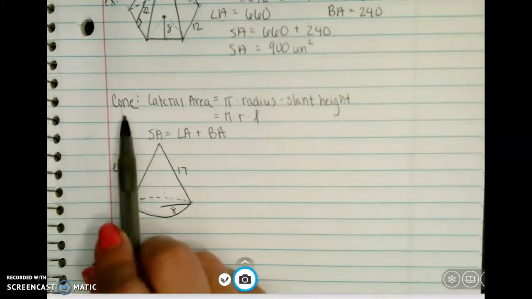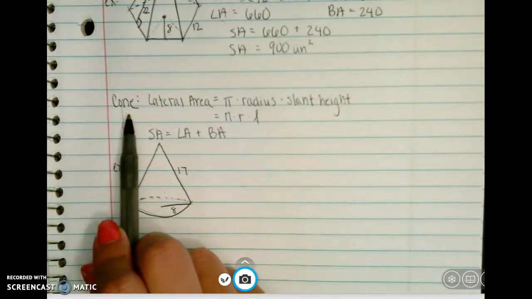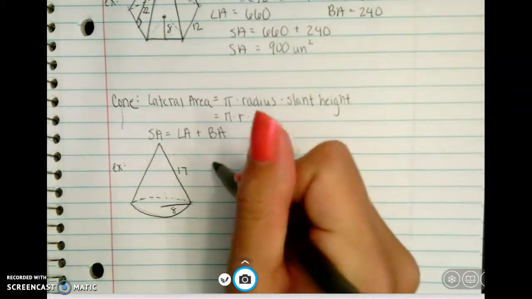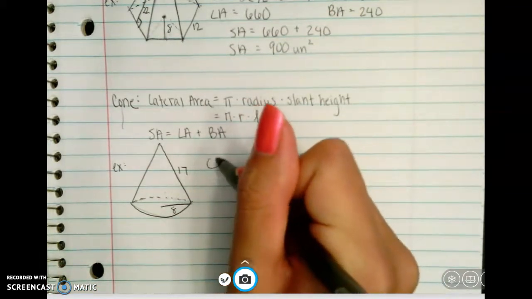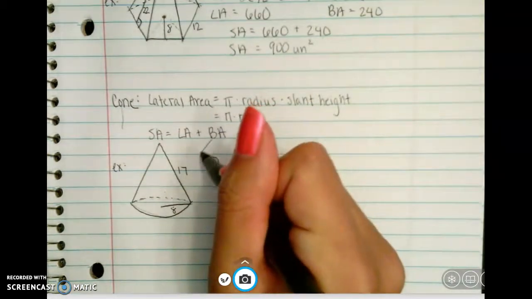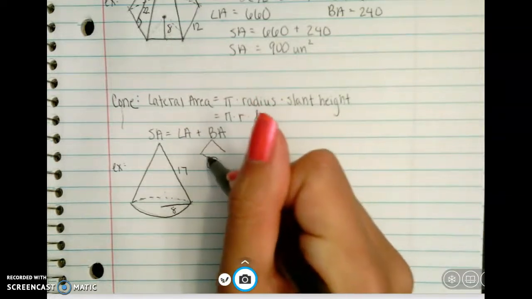So to find the surface area of a cone, the formula is a little bit different, because if you think about what the net of a cone looks like, it's a circle as the circular base, and then it's like this pizza slice.